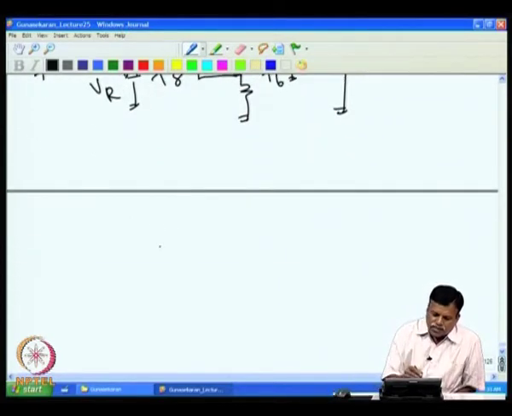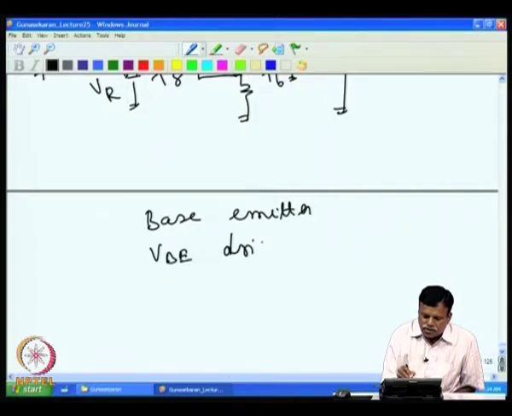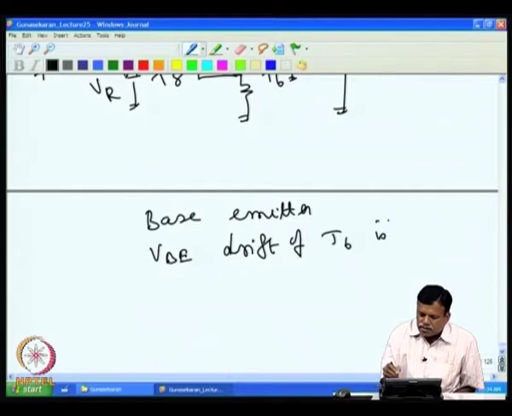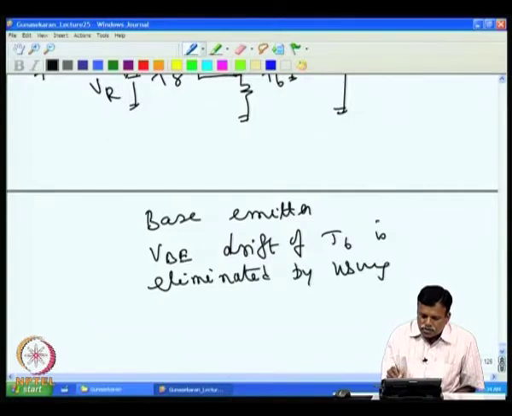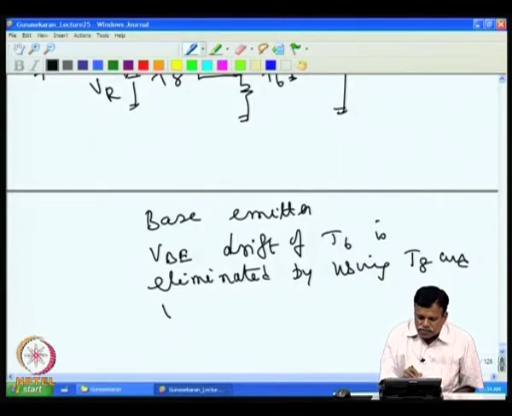So, what is done is the base emitter voltage, or VBE drift, of T6 is eliminated by using T8 and V reference.